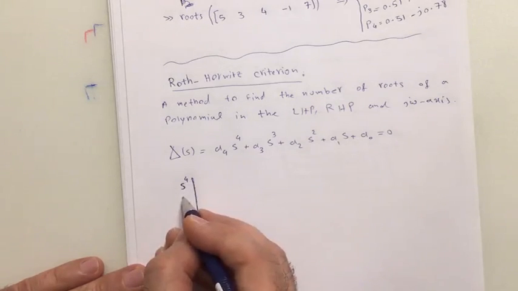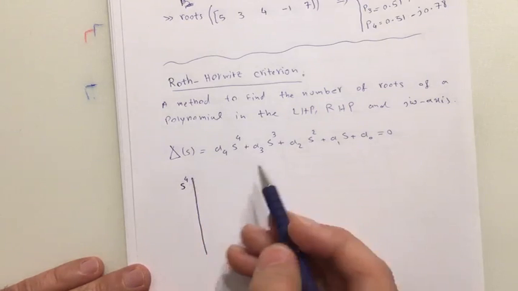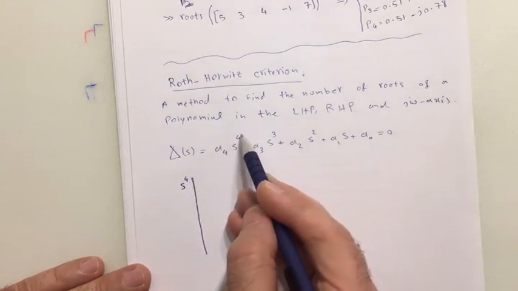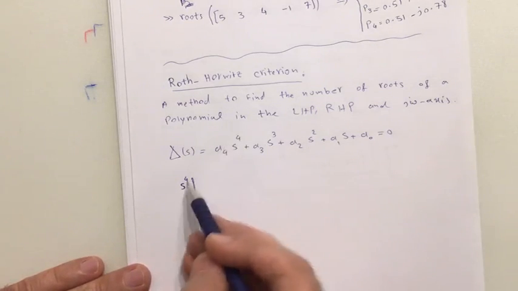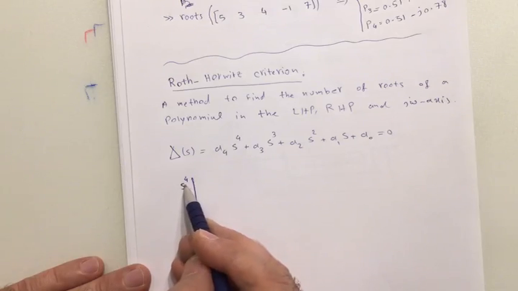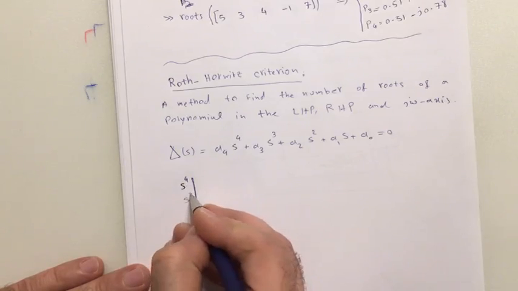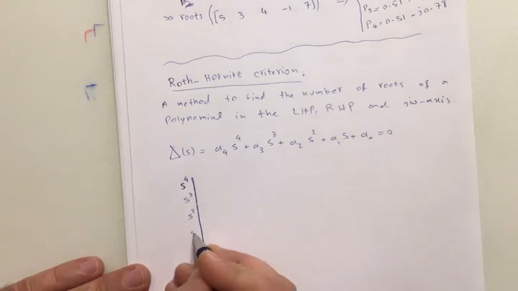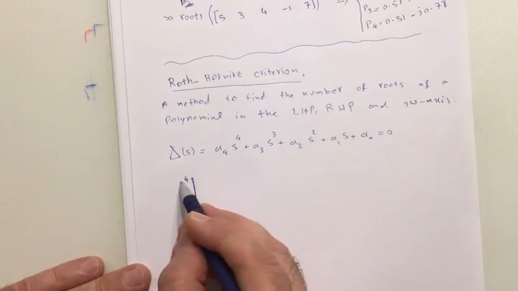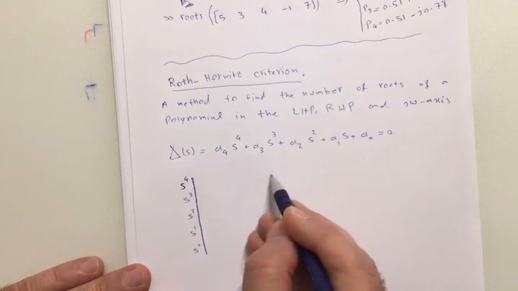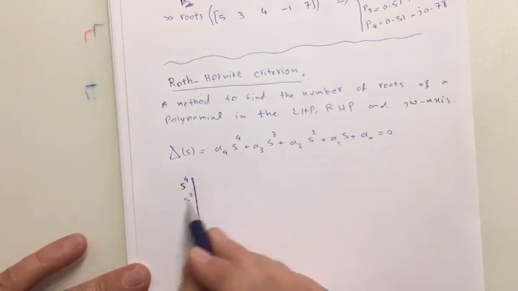So we start with s to the power 4, because here we have s4. If we had s to the power 6, we should have started from s to the power 6. Anyway, s4, s3, s2, s1, and s0.